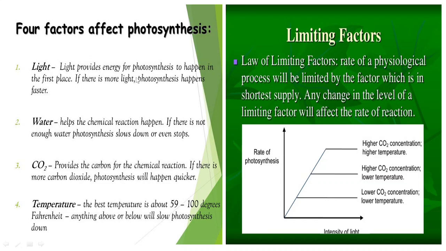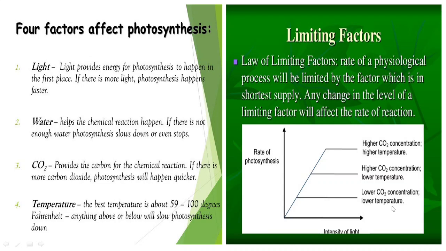Suppose light intensity increases, and the carbon dioxide concentration as well as temperature decreases. Then the rate of photosynthesis will now be determined by this low carbon dioxide or this low temperature, whichever is lowest. That will determine the rate.